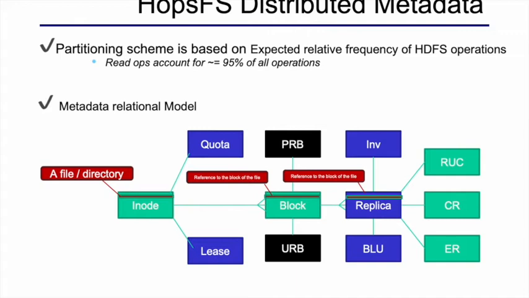But remember that we said that the partitioning scheme is based on the expected relative frequency of HDFS operations. List and read operations account for almost 95% of all operations. So it would be rational to shard the metadata in a way that the system could execute this kind of operation quickly and efficiently.